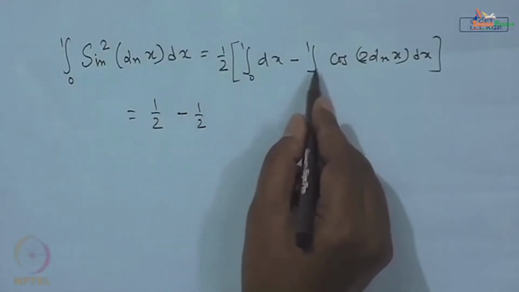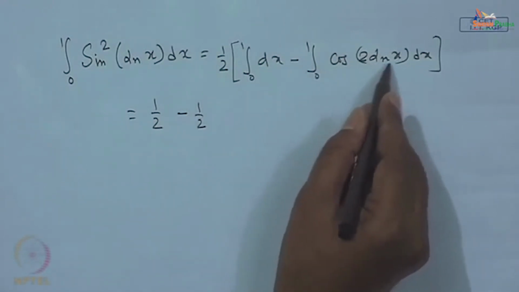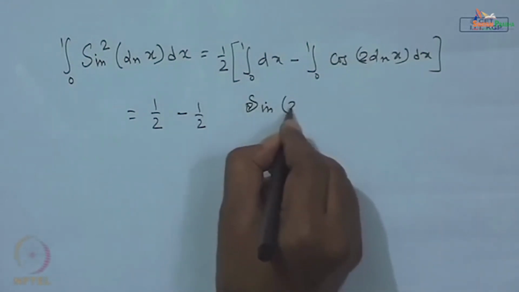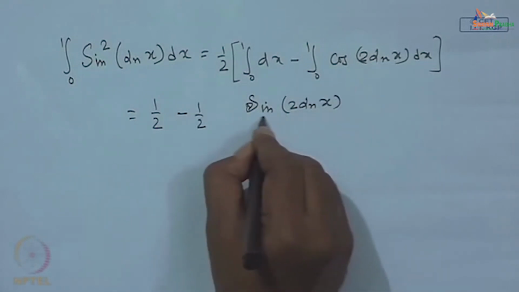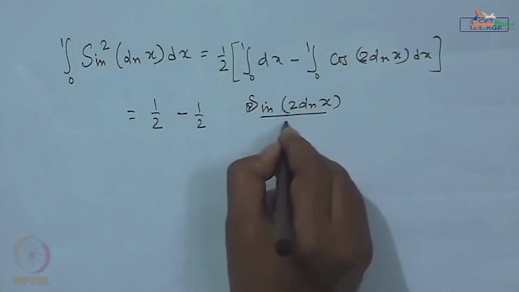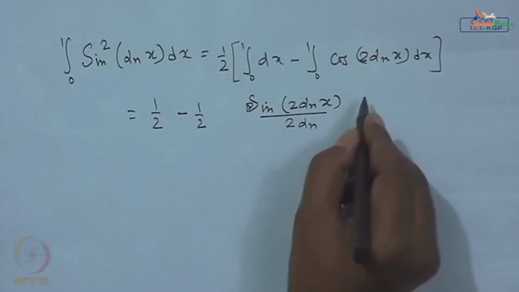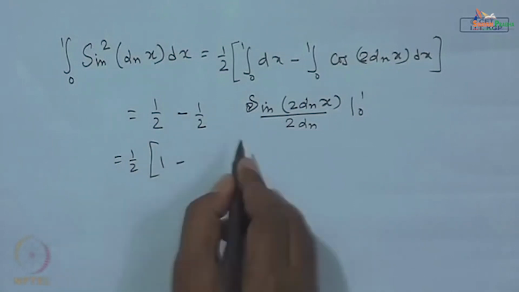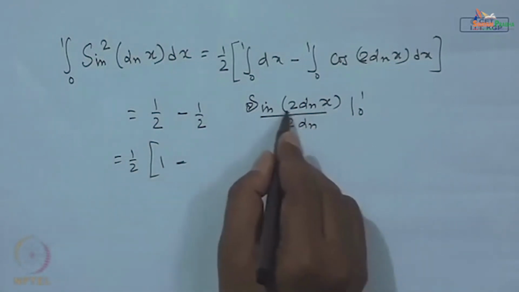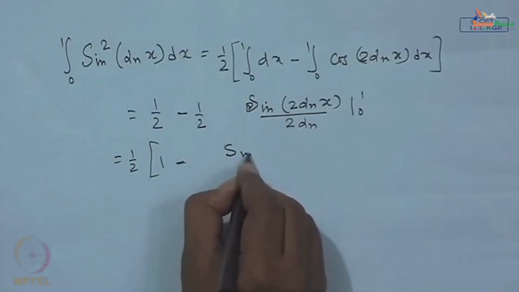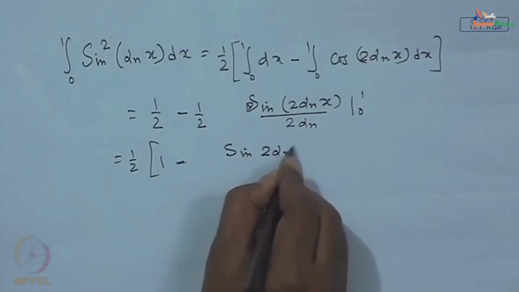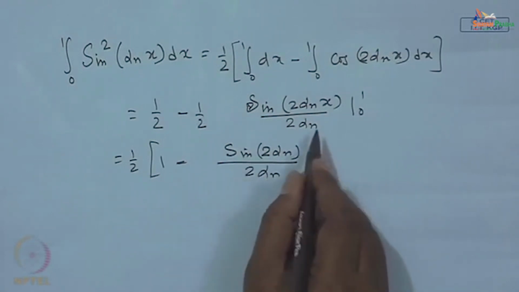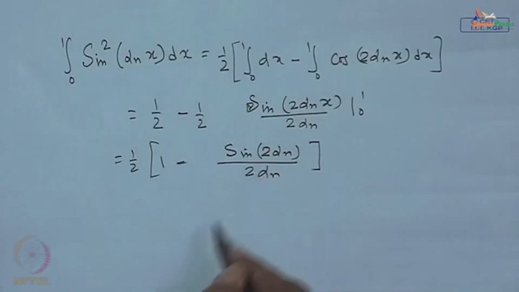Now, the integral from 0 to 1 of cosine 2 alpha_n x dx will be nothing but sin(2 alpha_n x) divided by 2 alpha_n from 0 to 1. So, let us see what we get: half times 1 minus sin 2 alpha_n divided by 2 alpha_n minus sin 0, which is equal to 0.